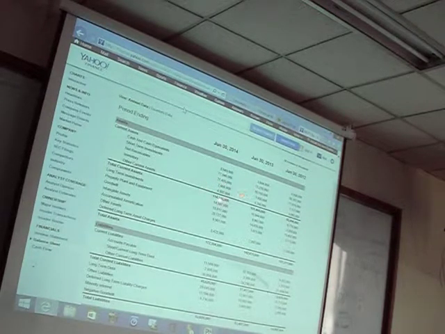Inventory, $2 billion. This is their current assets, okay? Then long-term investments. Long-term assets, right? Long-term investments, 14 billion. Property. Microsoft is a computer company. Its property is not going to be as much as other companies. So 13 billion. Goodwill, intangible assets like the trademark and so on, right?